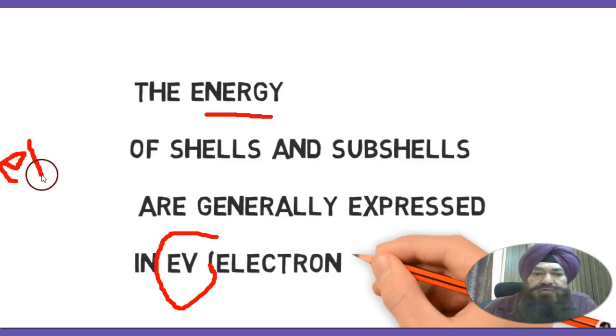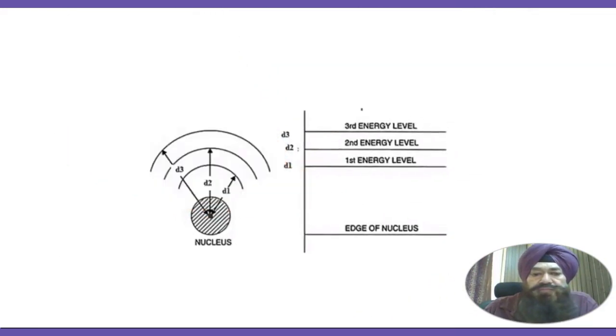So this is the case of the isolated atom. There are three shells, D1, D2, and D3, and every shell has a fixed energy, like this one, this one, this one. There is no splitting, no broadening.